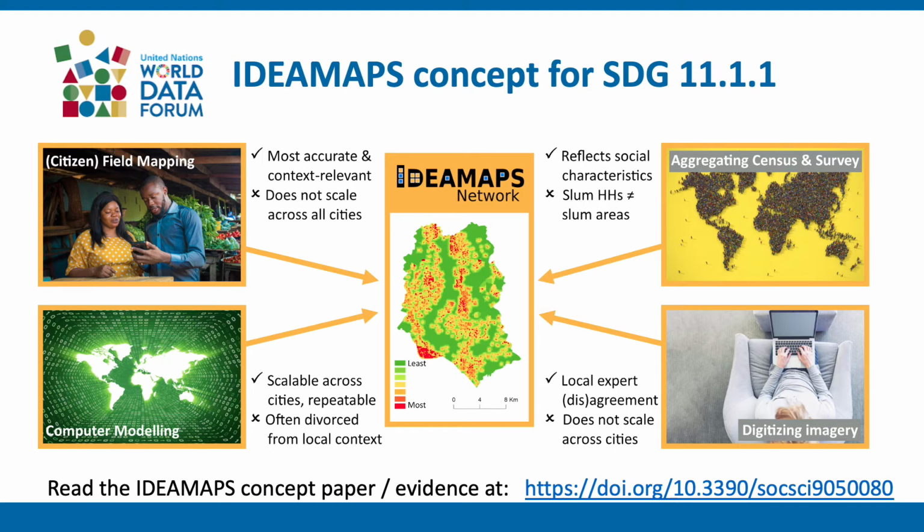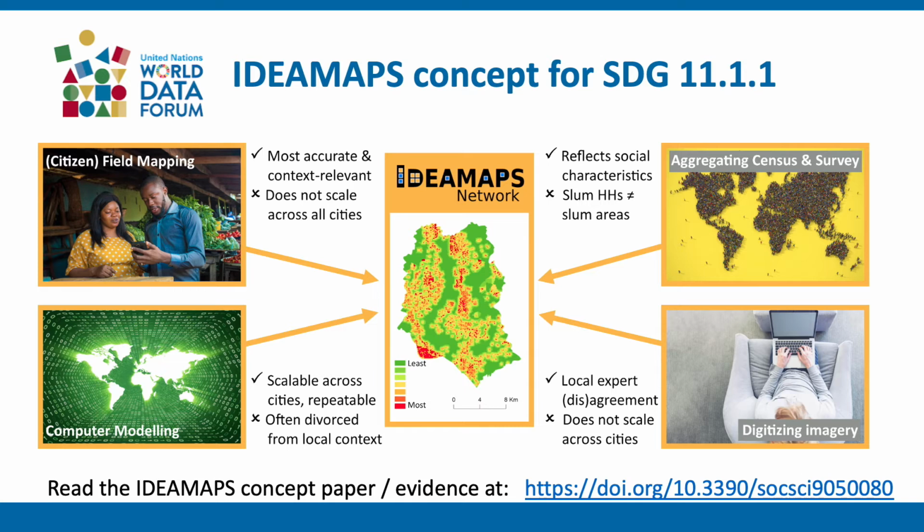We are taking advantage of the imagery that gets digitized by local experts from NGOs, from local government and other actors, and understanding where there is agreement and disagreement about what is deprived and defined as deprived locally. This matters. And finally, we're using the scalability of machine learning and artificial intelligence modeling to integrate these data sets with a whole bunch of external spatial data sets that tend to focus on physical environment.